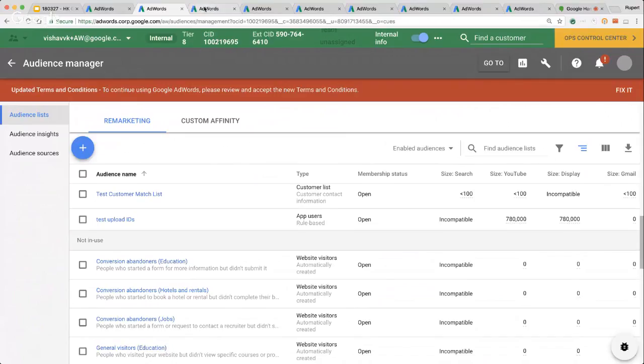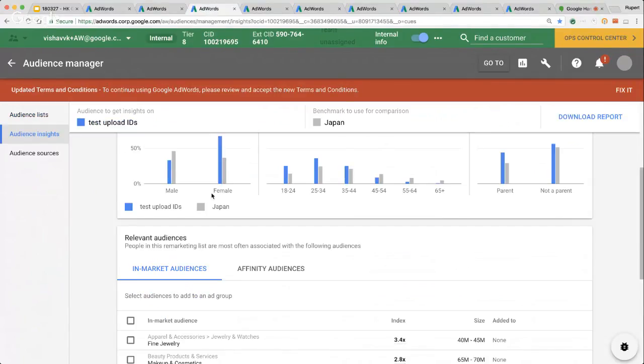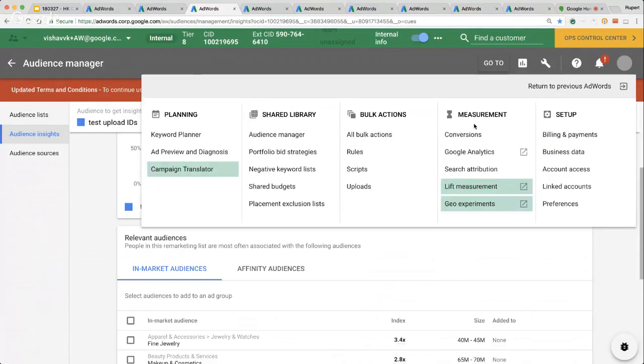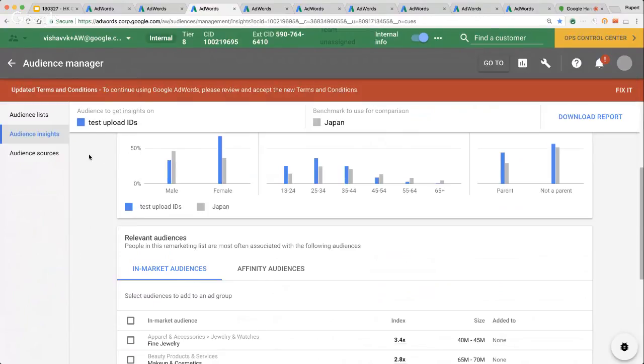And where do you find the in-market audiences to target? Now I'm going to demo where to find the in-market audiences. Still under the audience manager, you'll be able to see all the audience information.